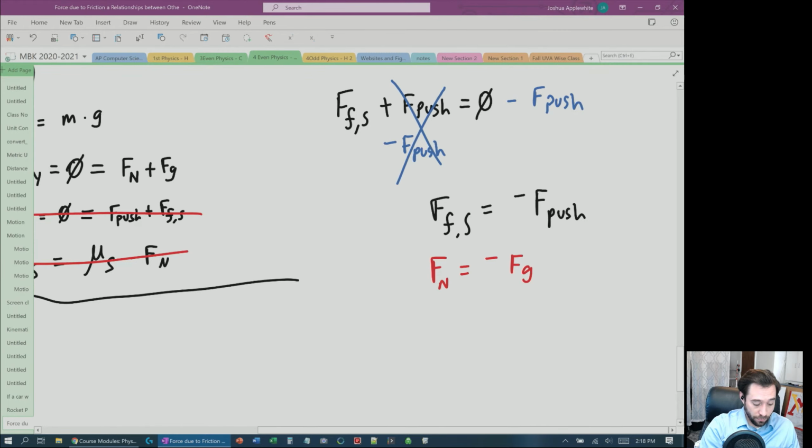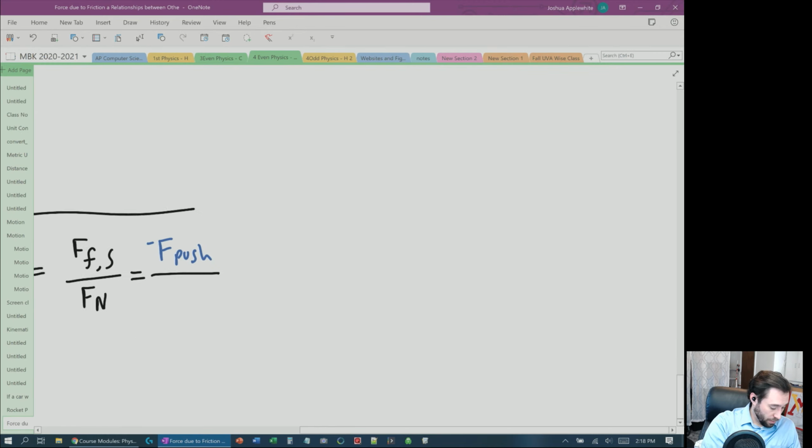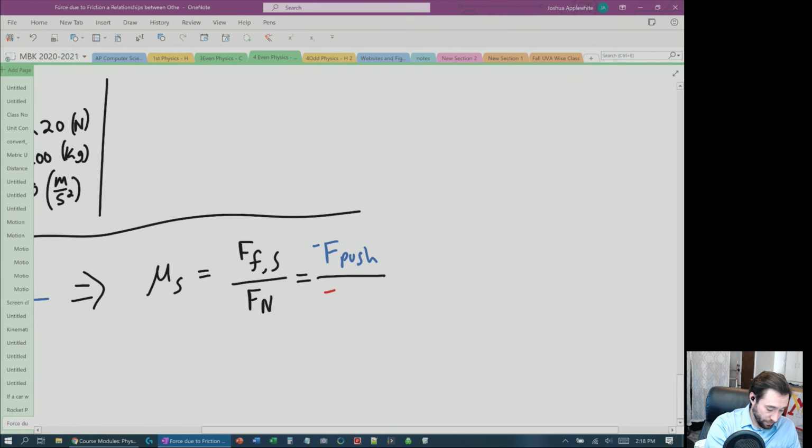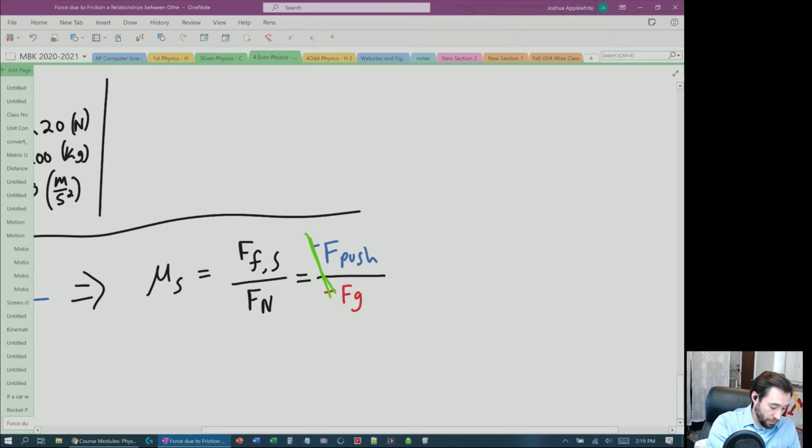Cool. So I'm going to substitute that in. Normal force is equal to the negative of force due to gravity. So if I've got negative on top of negative, what happens to the negative signs? Negative signs cancel out. So we have force push over force due to gravity.